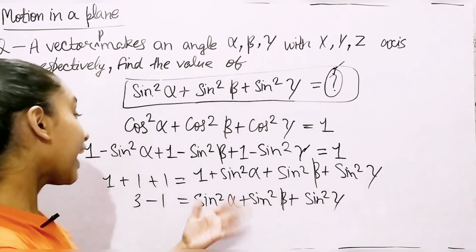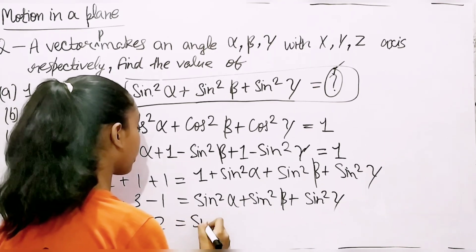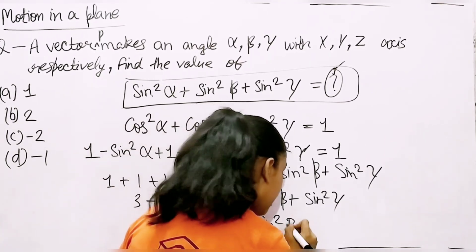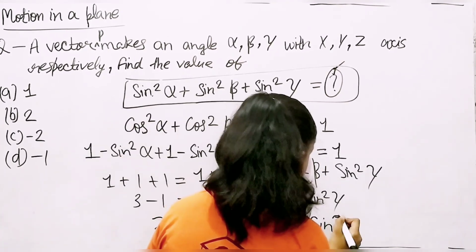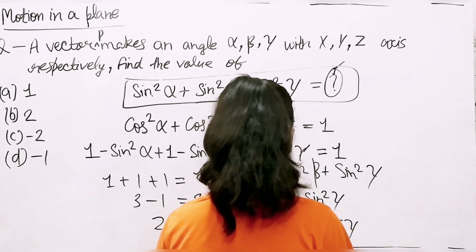I'm going to write it again. After solving this we get 3, and now shifting 1, the sign changes: positive becomes negative. So 3 minus 1 will be equal to 2. And we find the value of sine square alpha plus sine square beta plus sine square gamma.